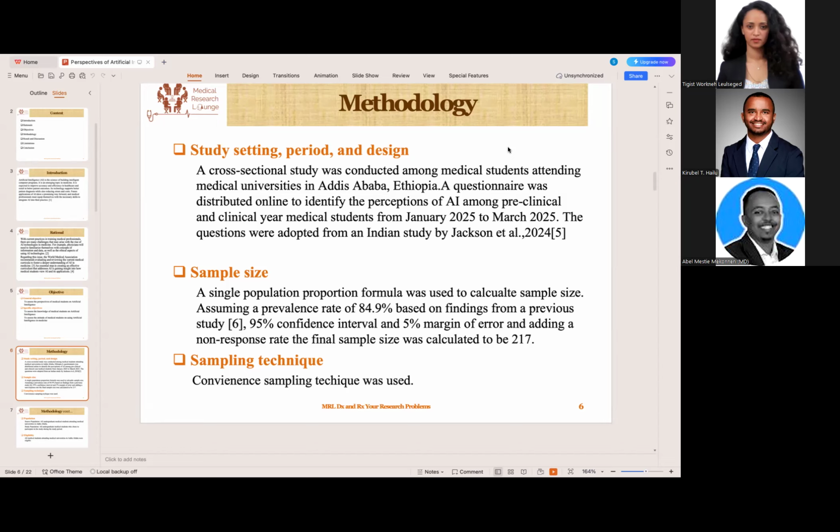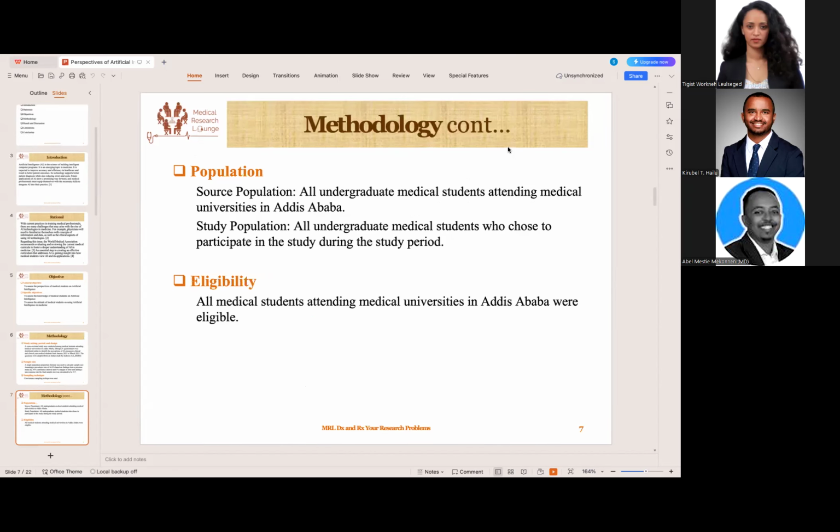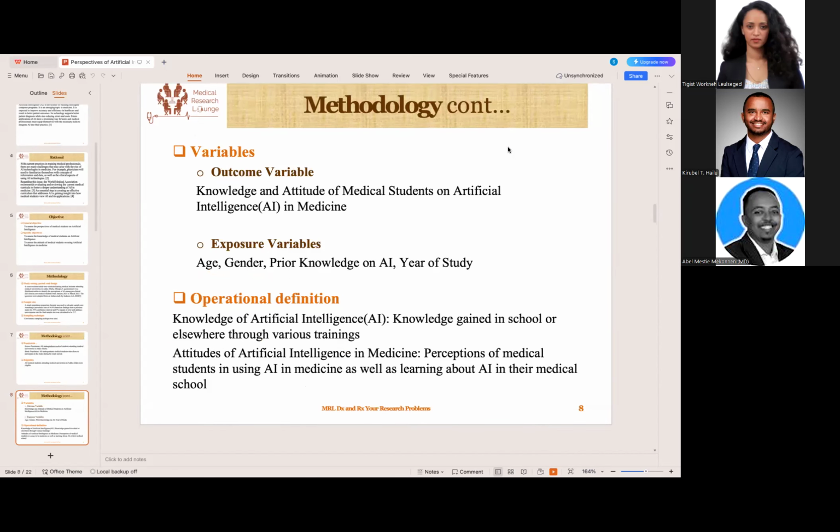So when we go to the most critical part of the method section, your operational definition, Dr. Abel has also commented on that part. You said you have adopted the questionnaire from just a random study in India.